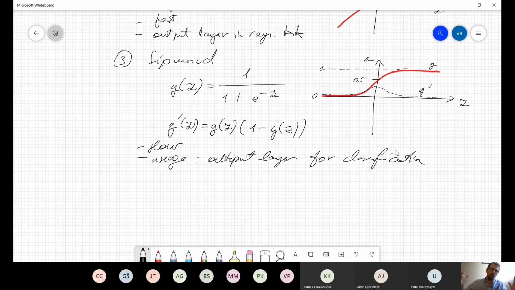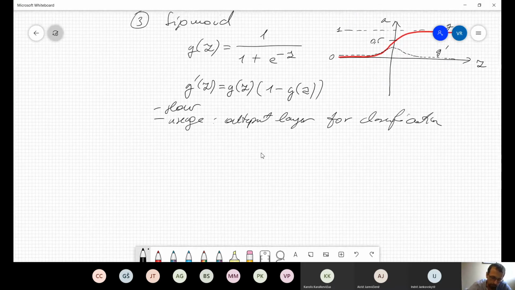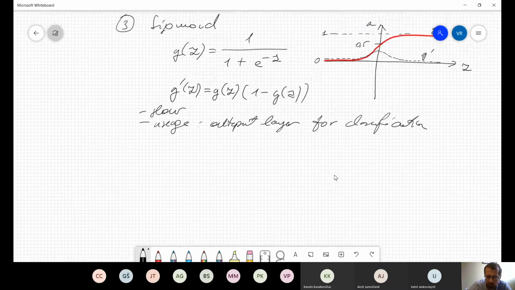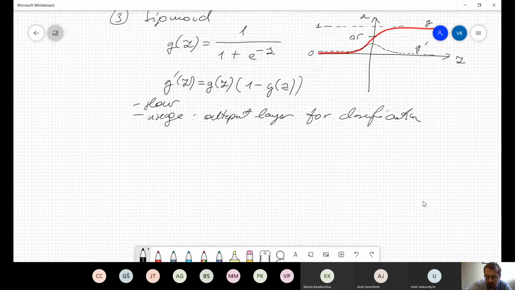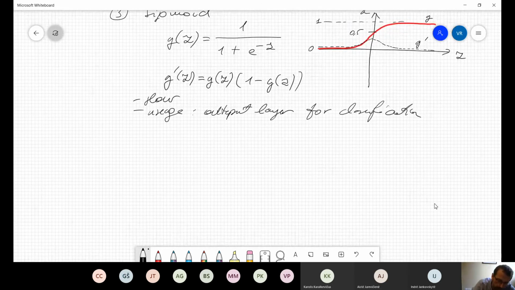Whatever values you get from the network, you want to squeeze into the range of 0 to 1. So this is used on the output when you have a classification task.